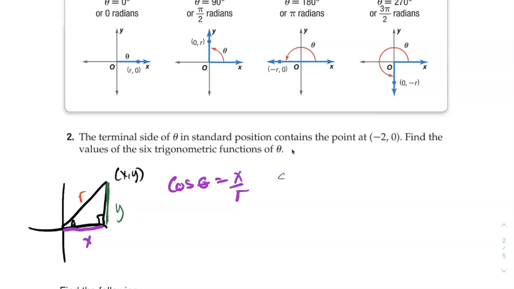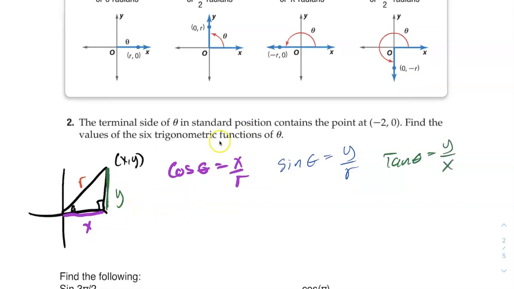When we did sine of it, we got y over r, opposite over hypotenuse. And then tan, opposite over adjacent, is y over x. So this is what we have to remember when we do quadrantal angles. If it's a quadrantal angle, this is the key. Cosine is x. Sine is y.